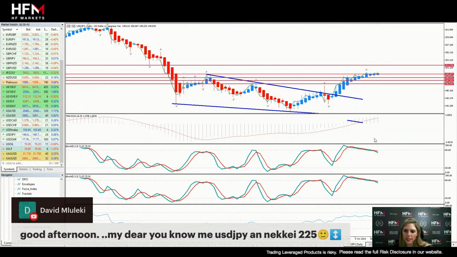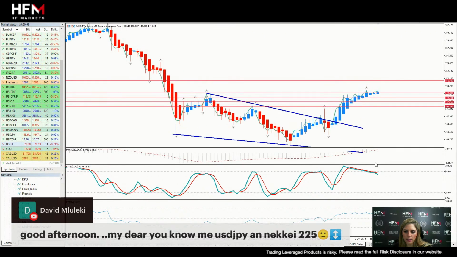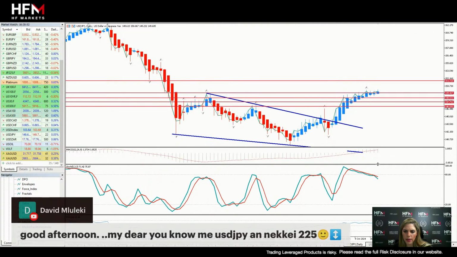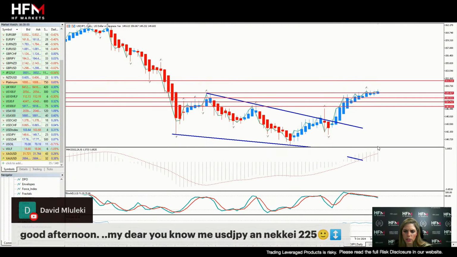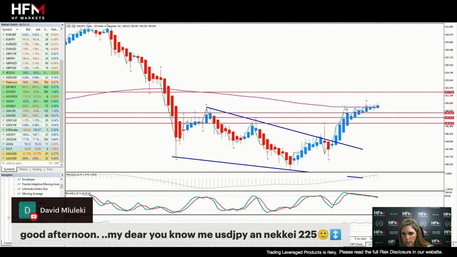I think I repeatedly mentioned this chart, the dollar yen. I think I told you that it has been trading into the 200-day moving average for how many weeks now? Let me put the 200-day moving average so you can see it as well. Let me get rid of this line so you can see it. Can you see that?